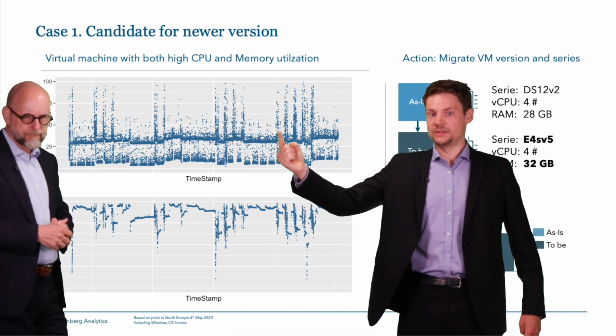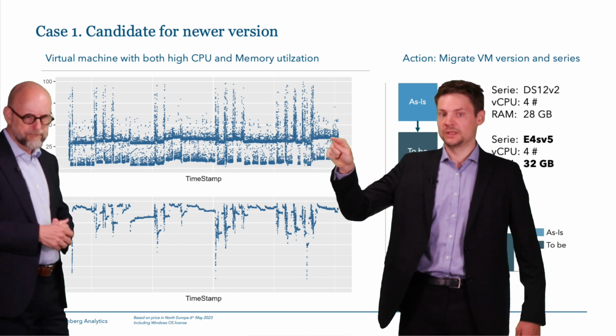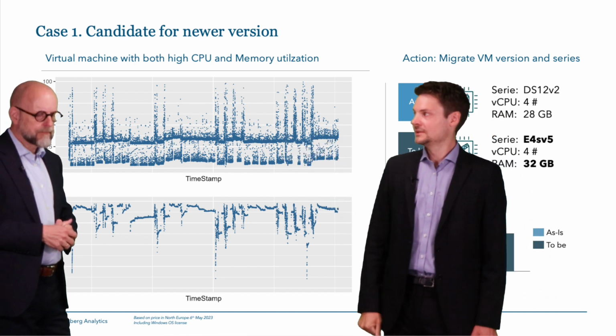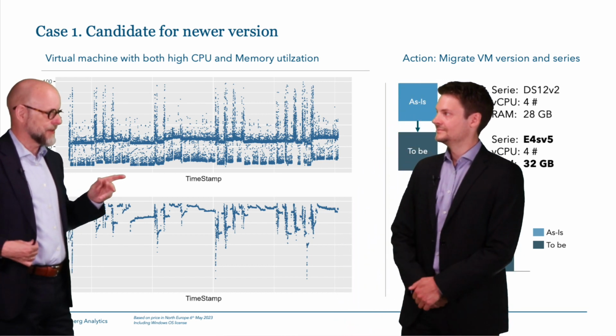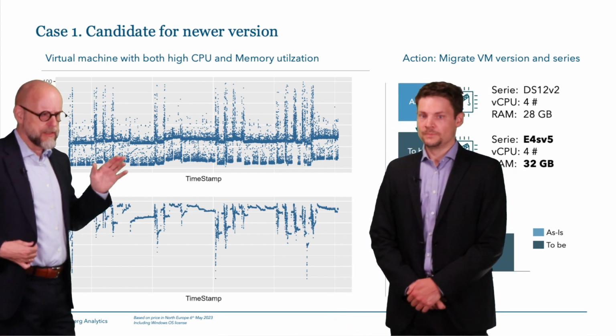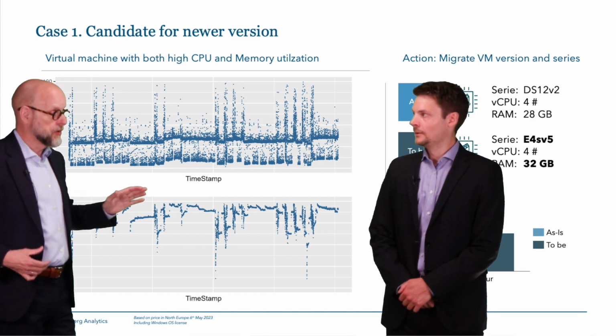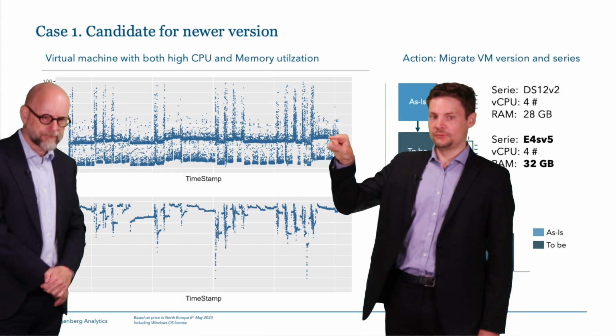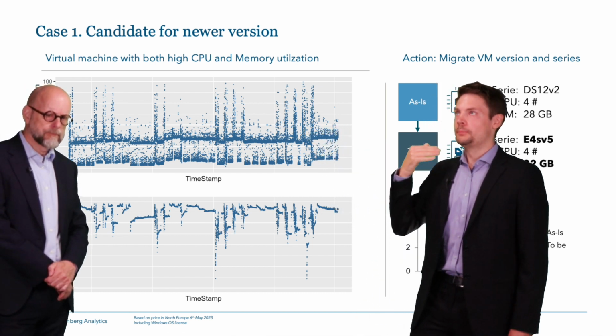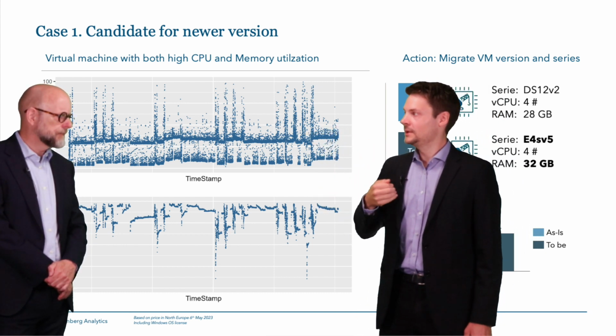And the same goes here. It's never really utilized during Saturday and Sunday. And the interesting thing is, of course, what goes on Saturday and Sunday. Is it completely unused? No, it's not unused because it's under 50% utilization. But that would be a question for the client.